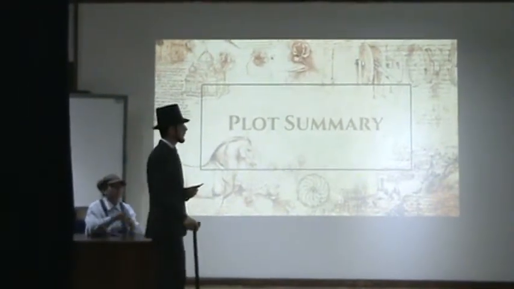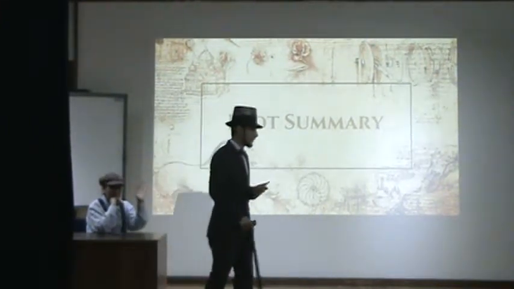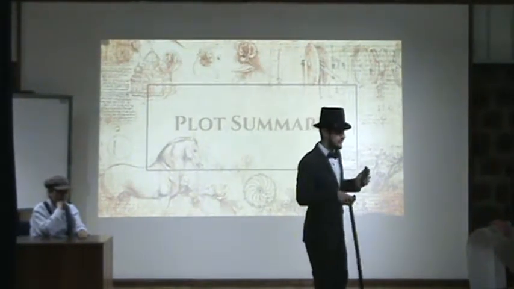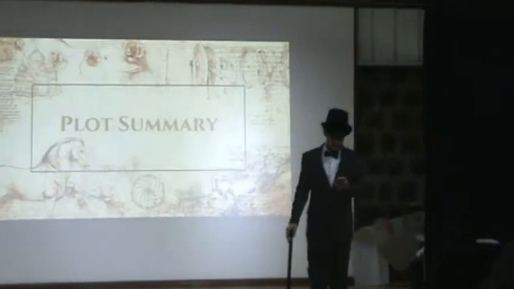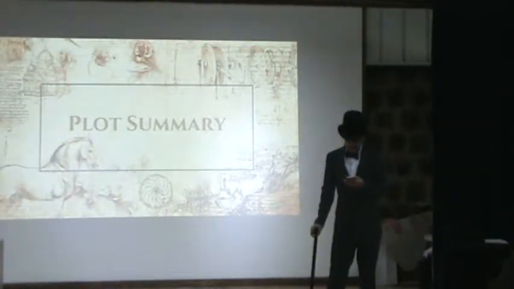So it turns out Oliver Twist, as we all know, is an orphan. He was born at a specific time during the Victorian era, around 1830, in a parish house.